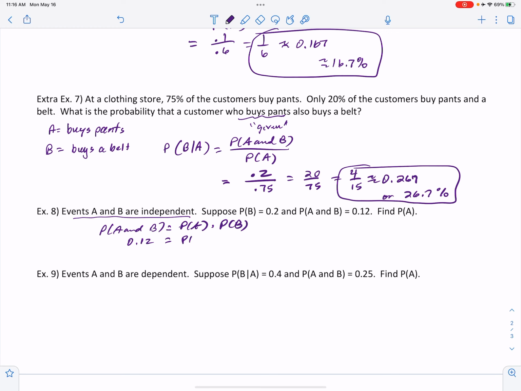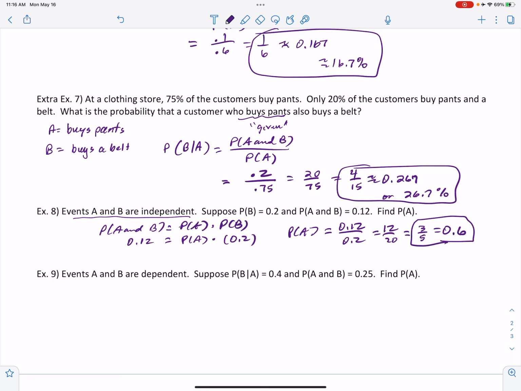You're to find the probability of A. And the probability of B is 0.2. So if I solve that for the probability of A, just divide by 0.2. And you get 12/20, which is 3/5, which is 0.6. And it's not an application. They won't say about 60%. They're just going to say 0.6.